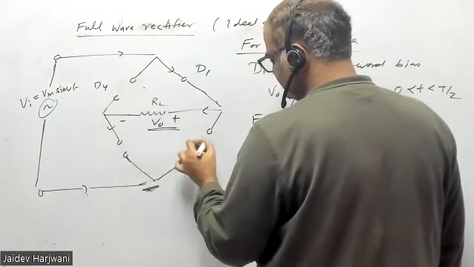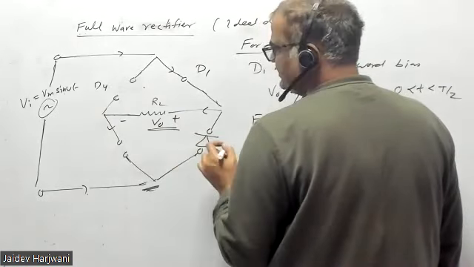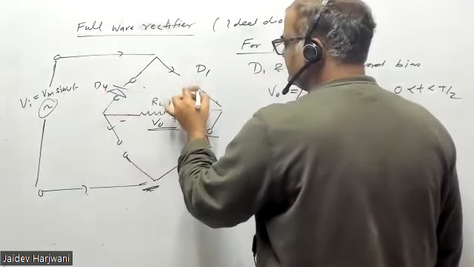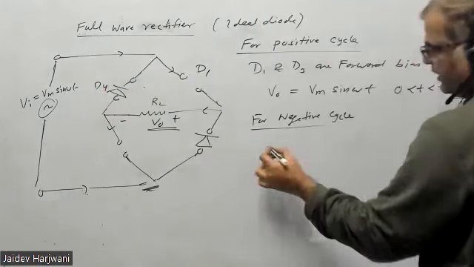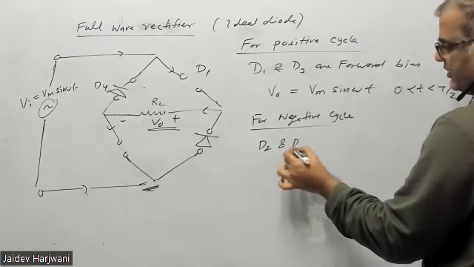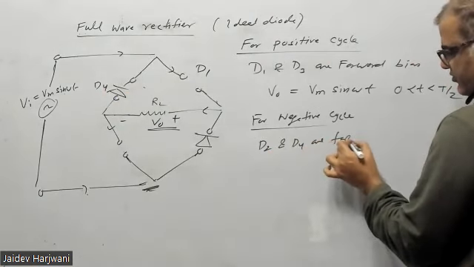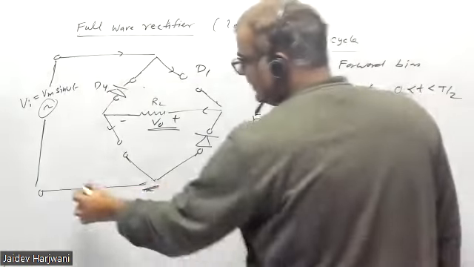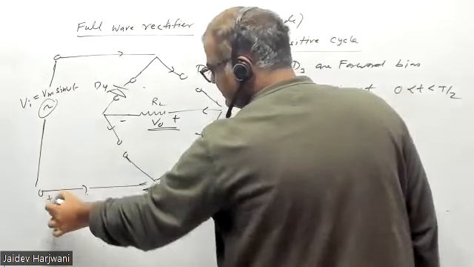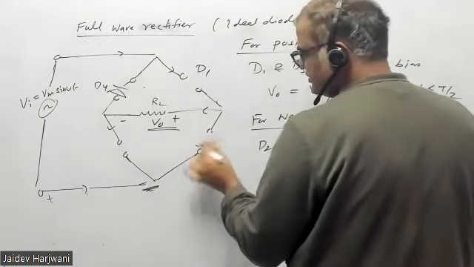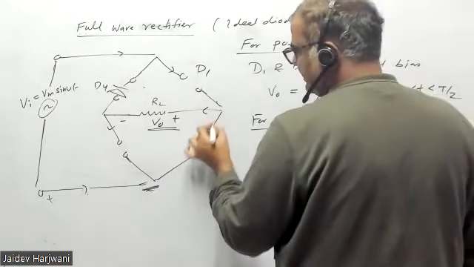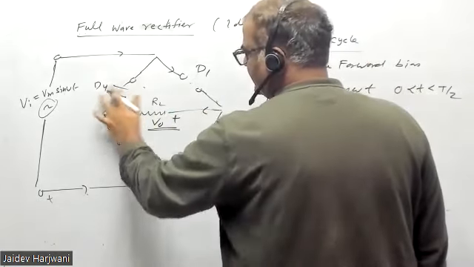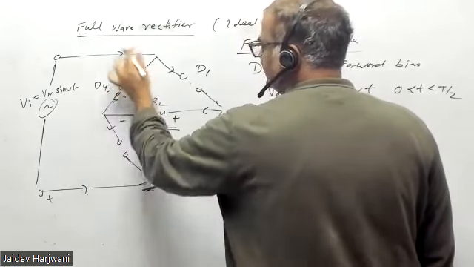This is the forward bias, and this is the forward bias, and this becomes reverse bias. So diodes D2 and D4 are forward bias. Okay. Now current will come like this. Negative cycle current will come like this. This is positive. Current will go through this short circuit. Again, here current cannot go. Current again will come here only, and then current will go here, short circuit, and come here.